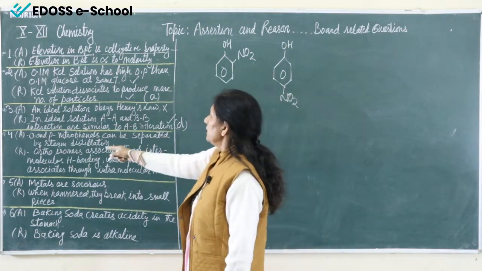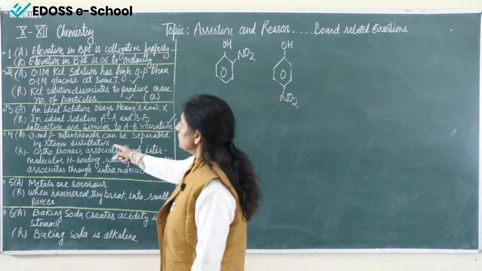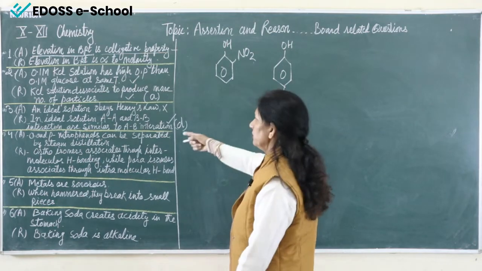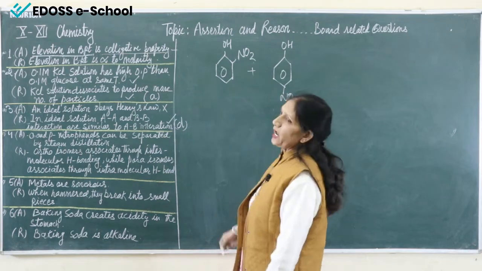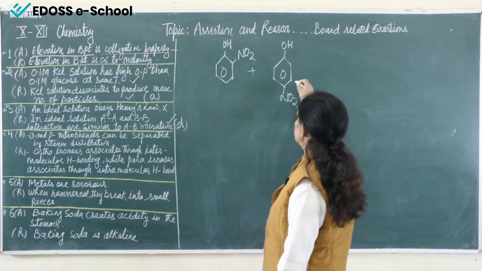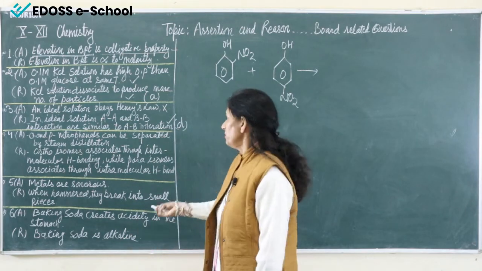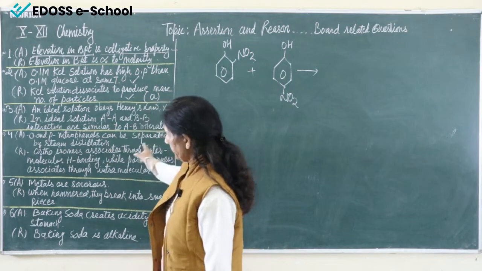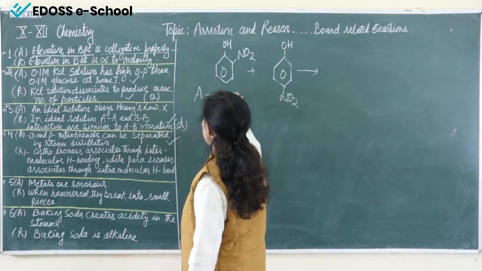So what he is saying is that ortho and para nitrophenols can be separated by steam distillation. So this means this is possible. We know that the mixture of ortho and para nitrophenols can be separated by distillation method. So this means that this statement is correct. Okay. So assertion is right.